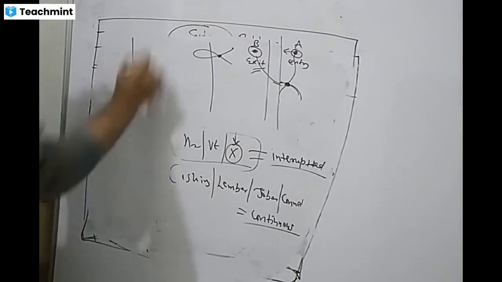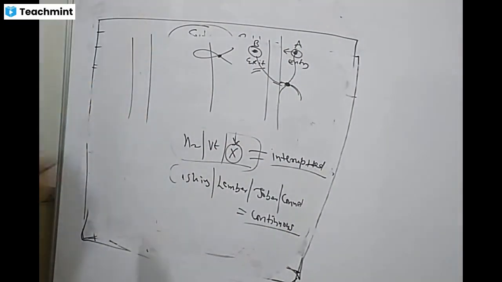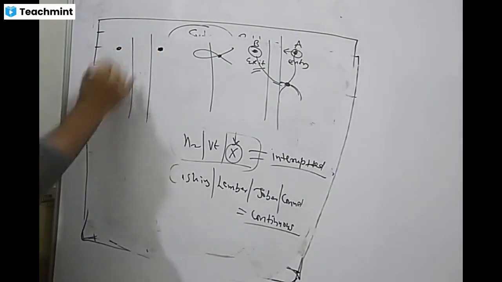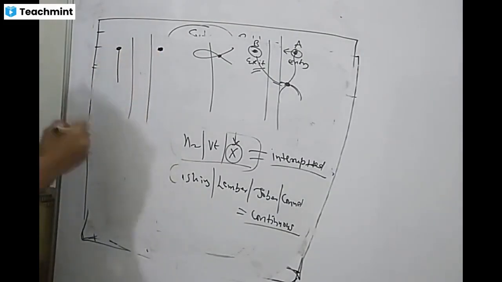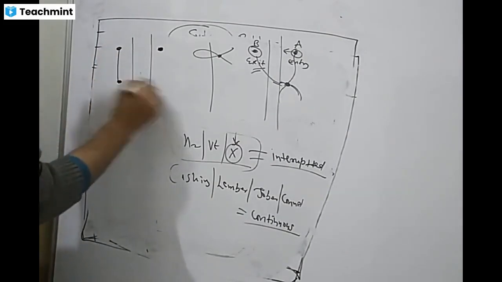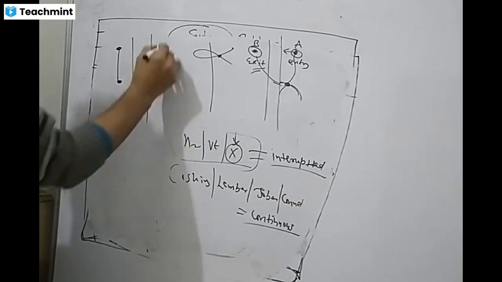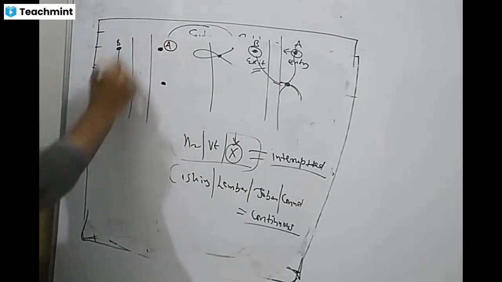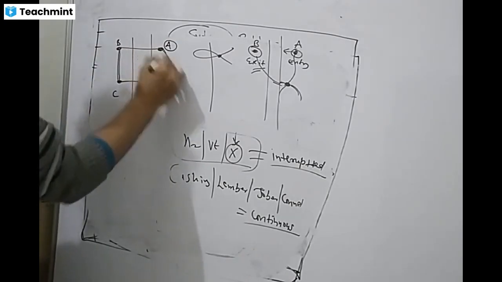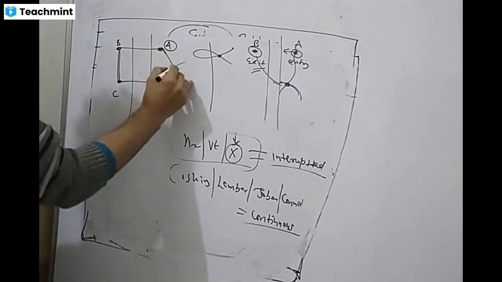For example, in case of horizontal matrix, this is the entry point, this side exit, then you go along the incision, then here entry, then here exit. So there are A, B, C, D, and we tie it here.